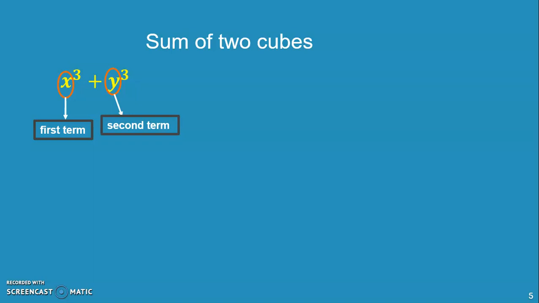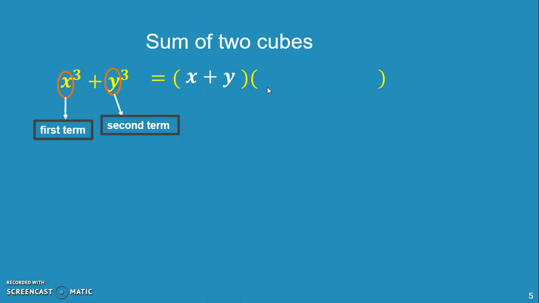Ang factored form nito ay first factor natin ay binomials, then second factor is trinomials na siya. So we will start with the first factor. First factor, i-add lang natin ang first and second term.